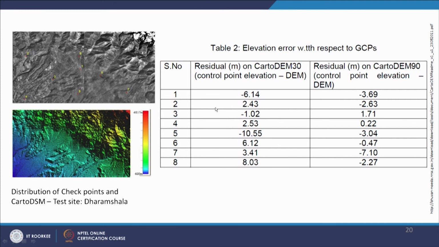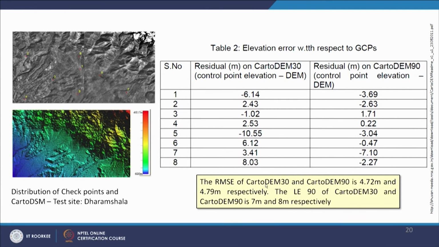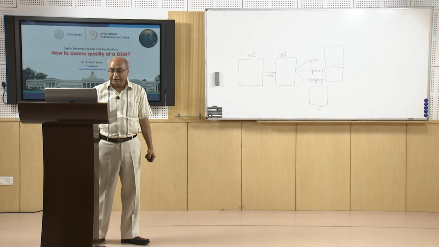Now, as I have been mentioning, in hilly regions you may get altogether different values. Here the RMSE at 30 meter is 4.72, whereas here it is 4.79. So, generally it is larger in a hilly terrain.